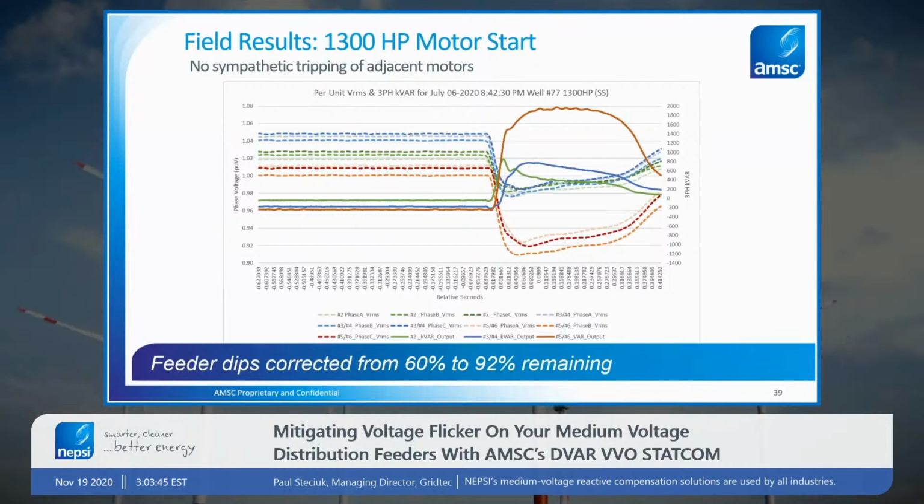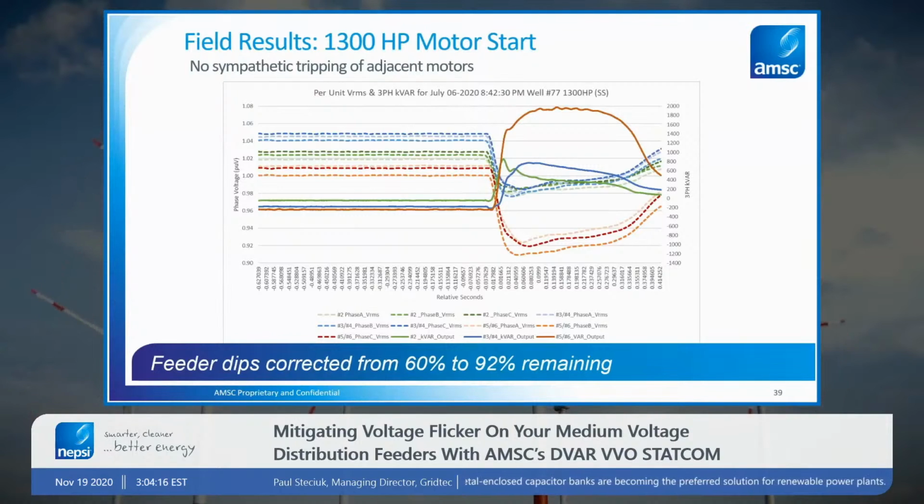And the reason is that the motors were so distributed that it wasn't possible to have a single STATCOM applied on a radial feeder between the utility substation and the single motor. Because there were so many motors spread out, using that feeder VAR mode could not be guaranteed to pick out the right VARs from the right motor.